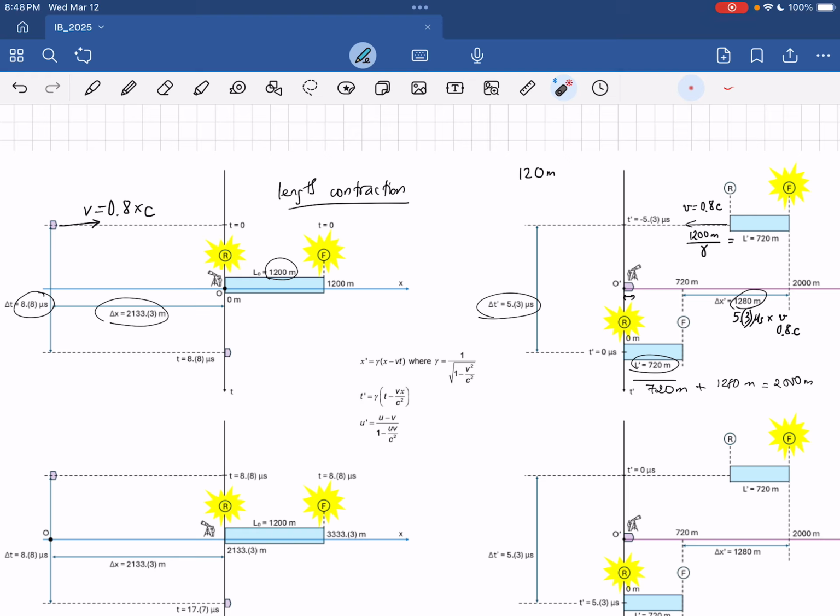But for the people on the space station, they see differently. They see the time is longer. And how long is it? It's actually longer by that gamma factor, right? And that will be 8.8 microseconds. When you multiply the gamma factor with that 5.3 microseconds, you will find this value.